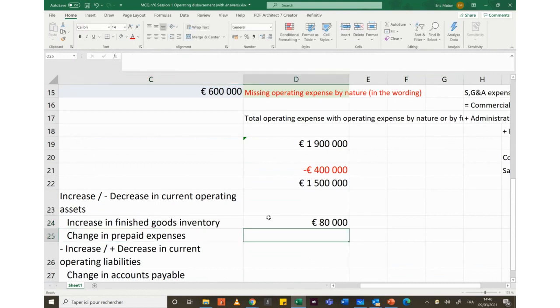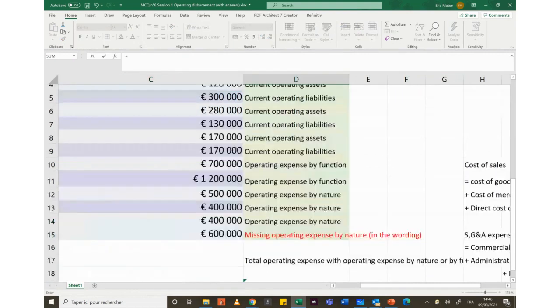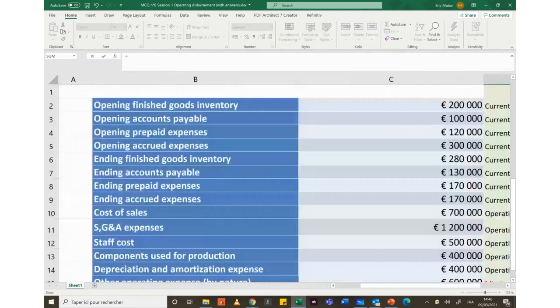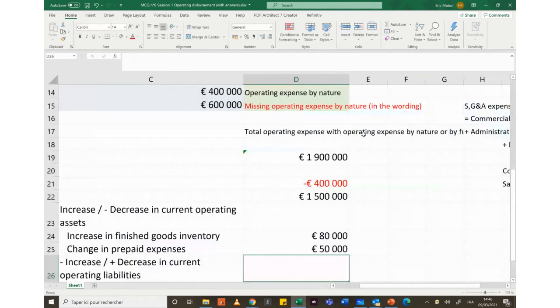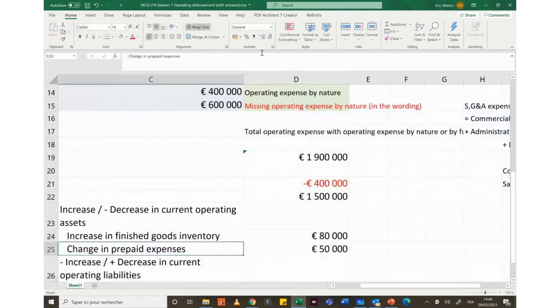For the prepaid expenses, I do ending minus opening. Prepaid expenses, ending is here, opening is here. So again, I have an increase, so I pay for the increase. So I pay in advance, for instance, some insurance. I don't use the insurance for the moment. I pay in advance, I will use the insurance later. So it's a prepaid expense in your assets.